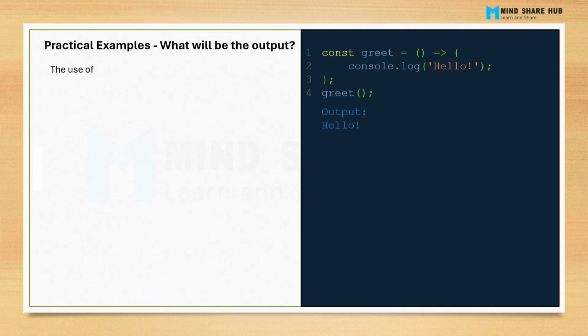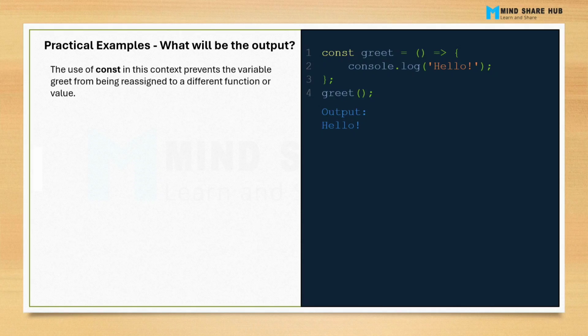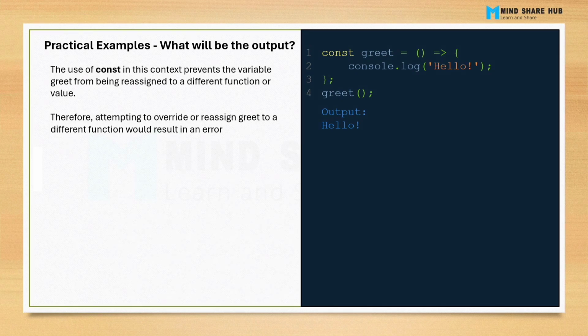The use of const in this context prevents the variable greet from being reassigned to a different function or value. Therefore, attempting to override or reassign greet to a different function would result in an error.